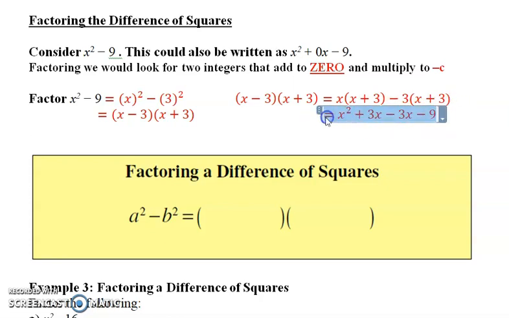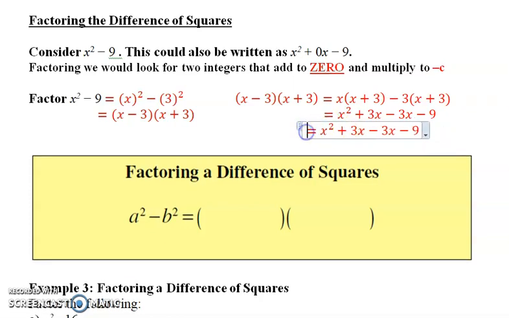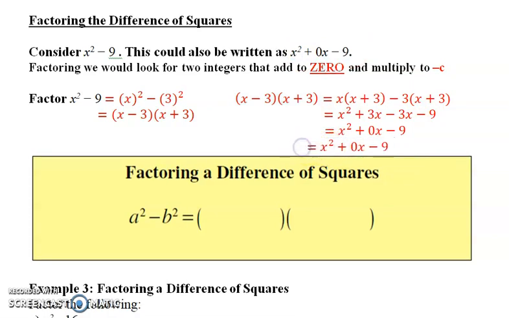So when we simplify this, see the 3x minus 3x, that becomes 0x, right? Because negative 3 plus positive 3 is 0. We don't need to show the 0x, obviously, and that becomes x squared minus 9.